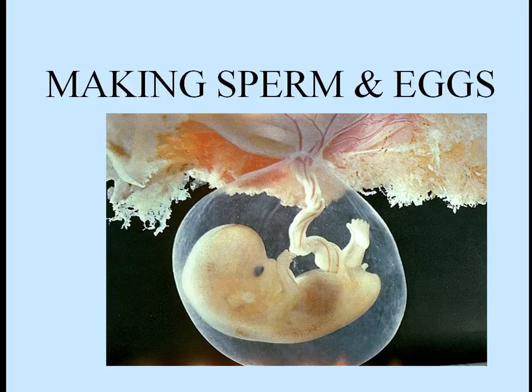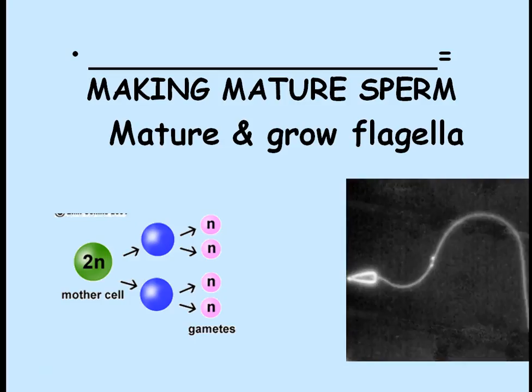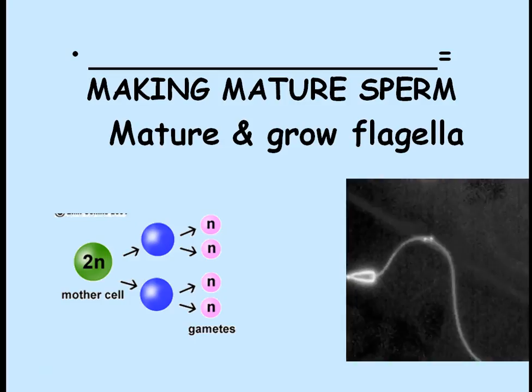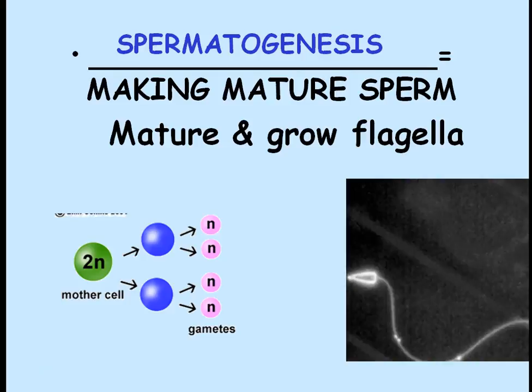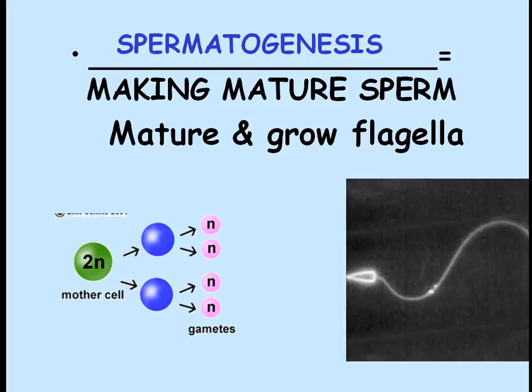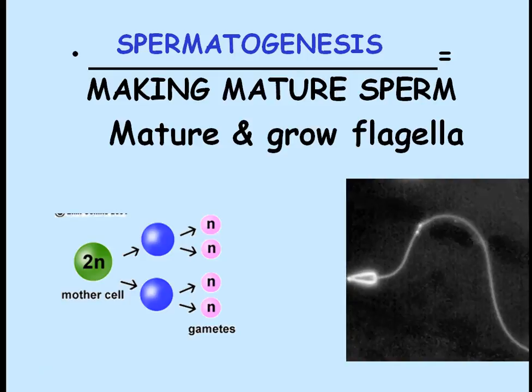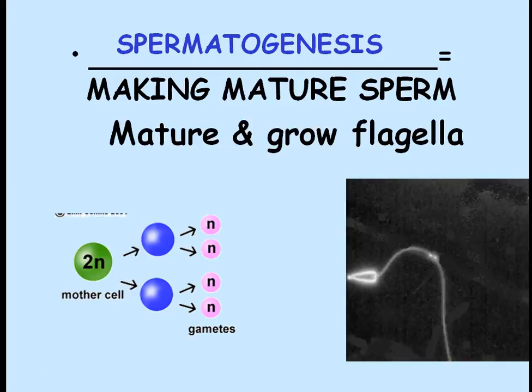Okay, so now we need to talk about how making sperm and egg cells are different. So making a mature sperm is what we call spermatogenesis, and they mature by making their long tail that we call the flagella. Remember, we learned about that before. They have to be able to swim to the egg.